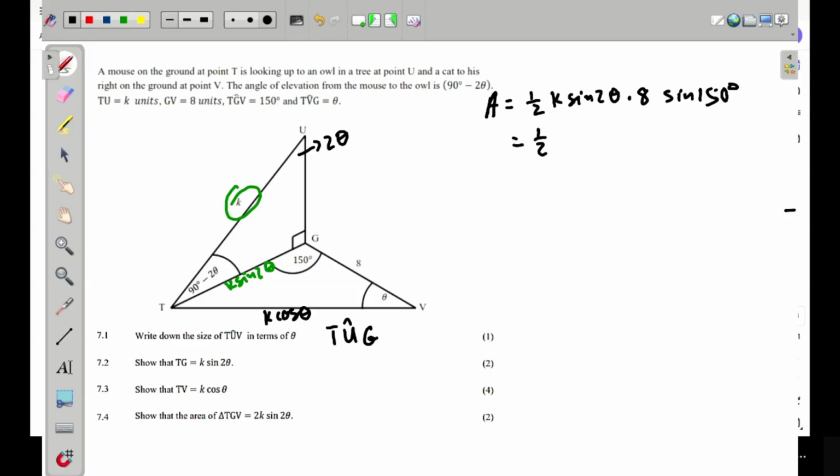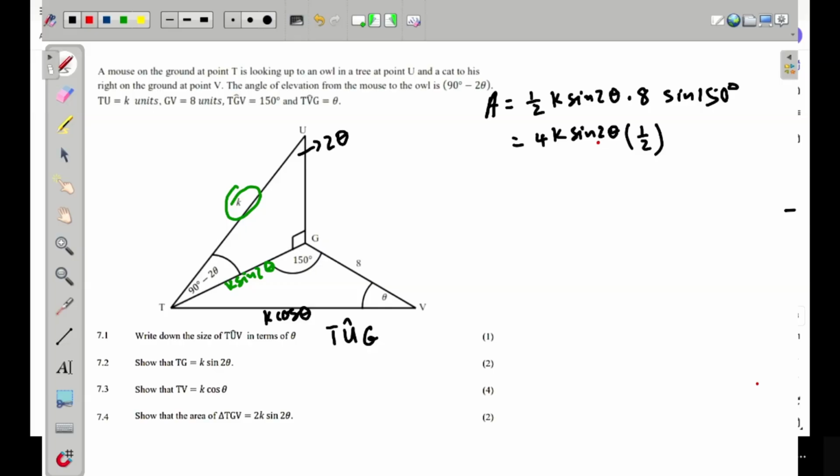So grade 11s, you should have been able to do this one because you don't have to simplify the sine 2 theta. Let me actually put it to you that 8 times a half is a 4. And we already know again sine 150 is a half. Please, I'm going to try and say this very slowly.